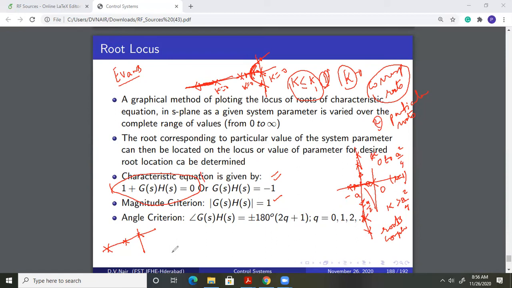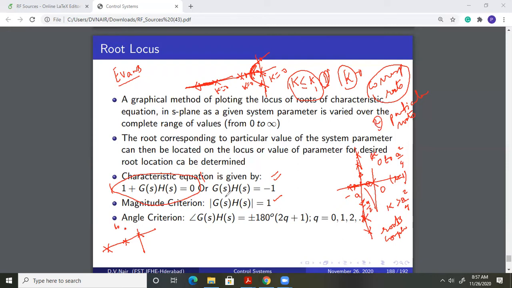So when I say that some point I am considering in the complex plane, let us say this is the point S0. Now, for this point to lie on root locus, the magnitude criteria tells us the magnitude of GSHS should be equal to what? 1 here.